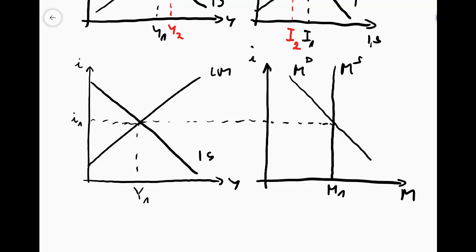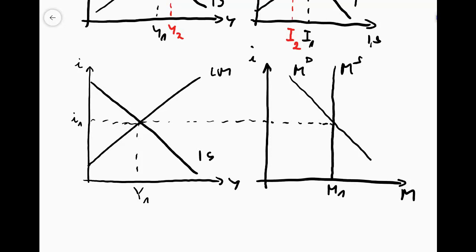So what could change here? What would be an exogenous change here? Well, an exogenous change could be, for example, that the prices in the economy reduce. So what happens if we have a deflation?